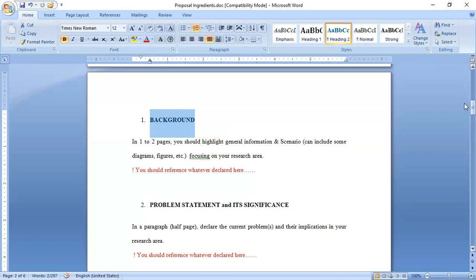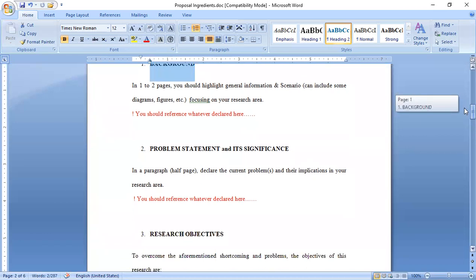And the second thing is one of the key and important things, that is related to writing a problem statement and significance. In this section, we can add what the problem statement is and what will be the worth of that problem, why we are discussing that problem, what can be its significance.